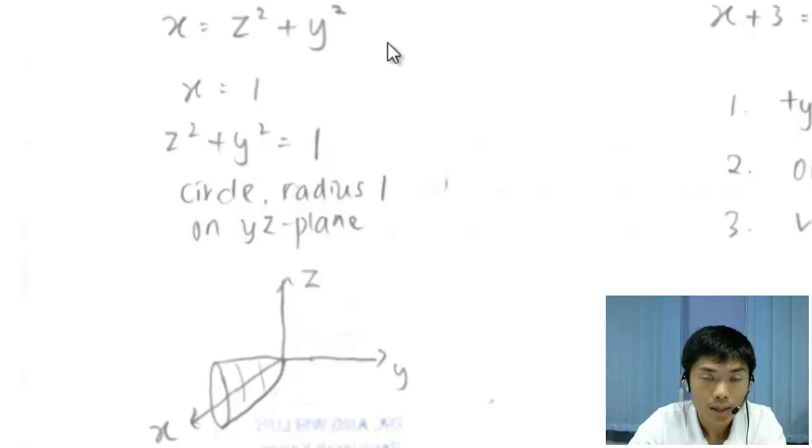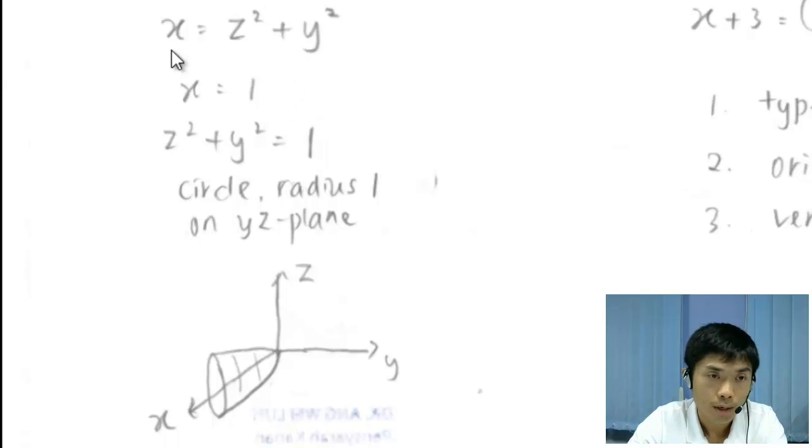It's actually an equation of a circle, which means that the circle is on the plane of z and y. And when you vary the value of x, you'll get a different size of circle. So the opening should be towards the positive x direction, as shown in this direction.